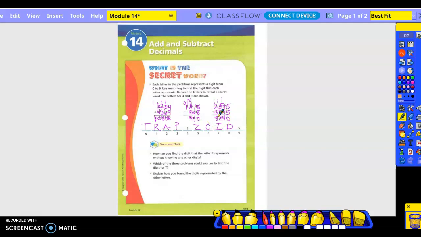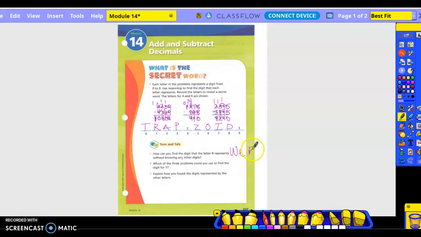Okay. So how can you find the digit that the letter R represents without knowing any other digit? So we started over with this first equation, right? Okay. And then what did we have to do? We had to go from the thousands and regroup into the 10,000s, right, to get us 1.